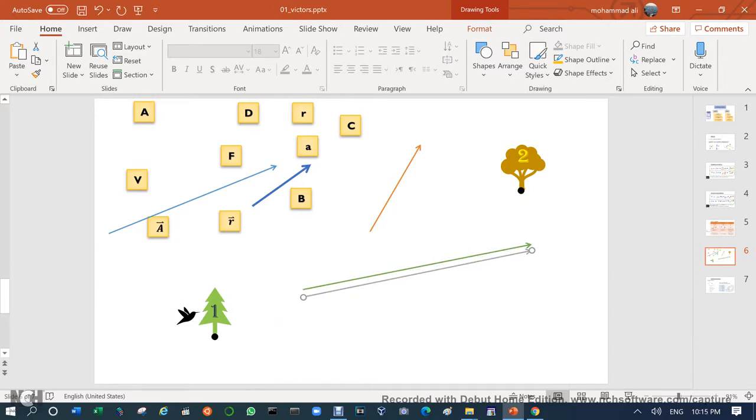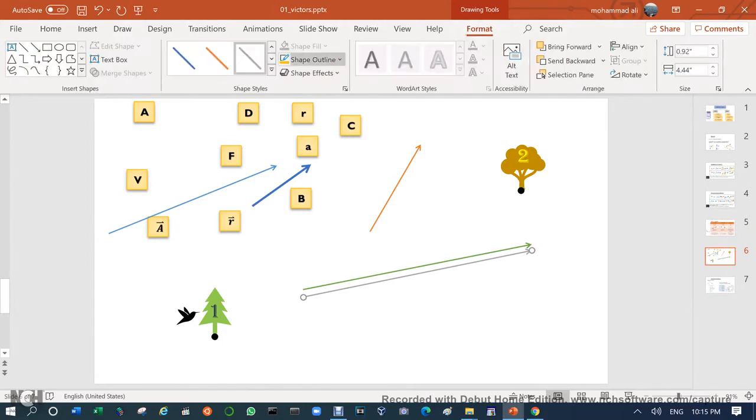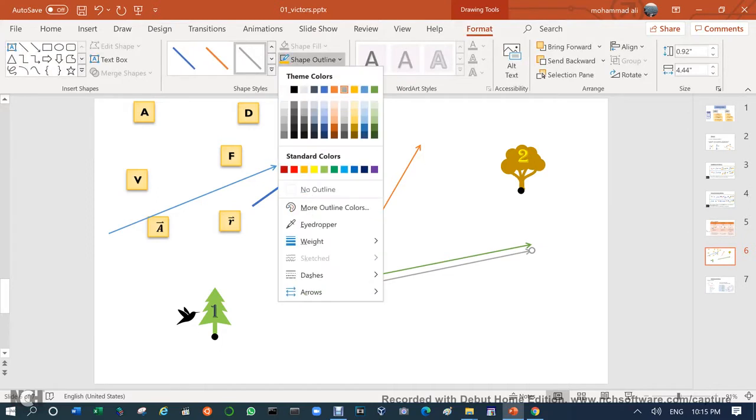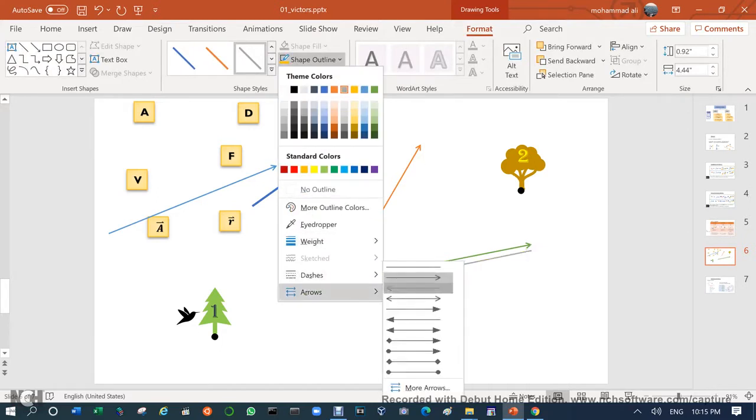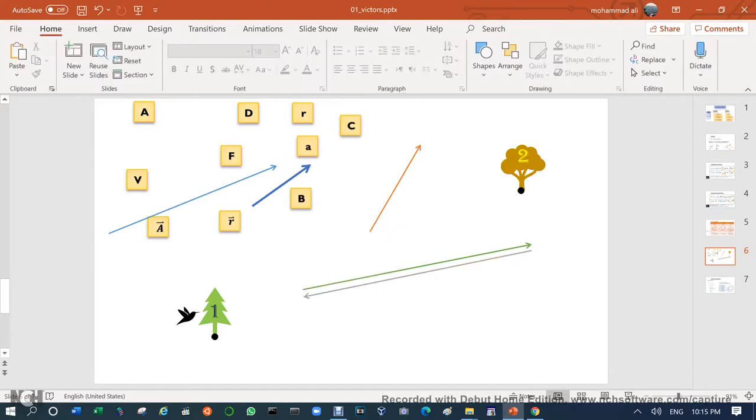If we change the direction, I just change the direction of that vector. So if I have this vector A and this is vector B, if I add A plus B, the result is 0.